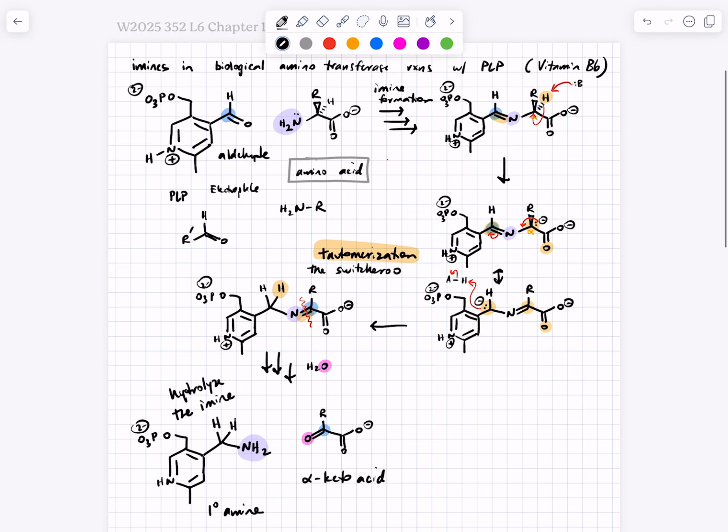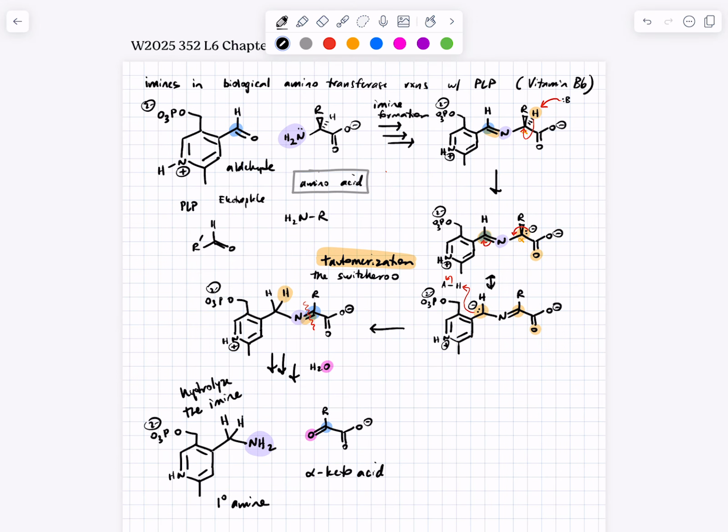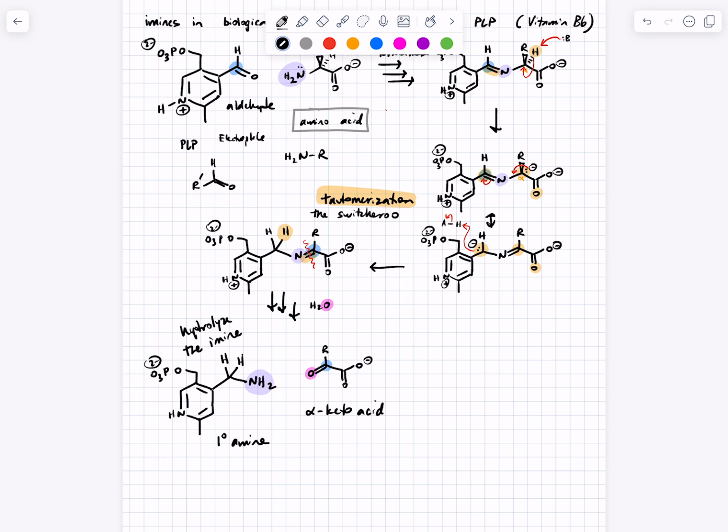That's why it's called an aminotransferase reaction, because the nitrogen was transferred from the amino acid to PLP. After the reaction, PLP is actually now called, and you don't need to memorize this, pyridoxamine. And this can now be trafficked and go to wherever it needs to be.